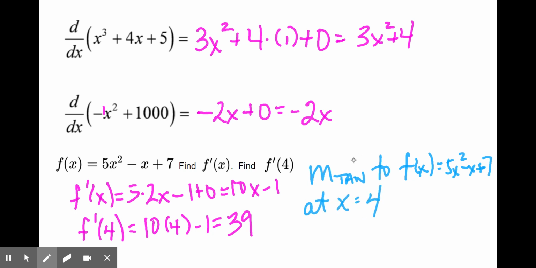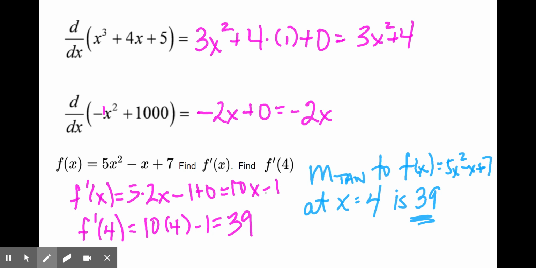That's what the derivative represents. It represents the slope of a tangent line at a specific point, at a specific value.